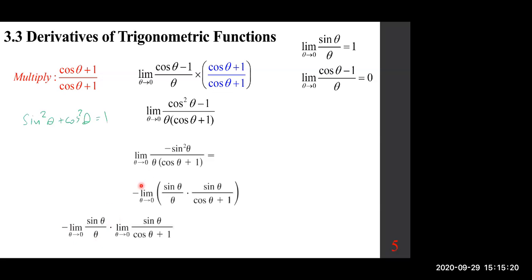This we already know is equal to 1. This is 1. What about this one? Let's plug in. The top becomes 0, the bottom becomes 1 plus 1, which is 2. 0 over 2 is 0. 0 times any number is 0. I hope everybody is comfortable with this, okay, class?